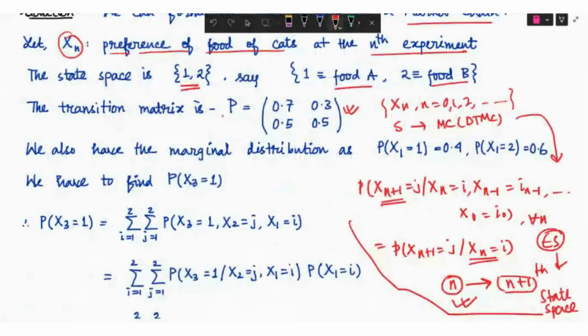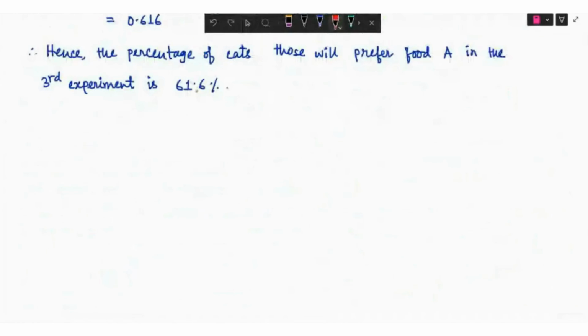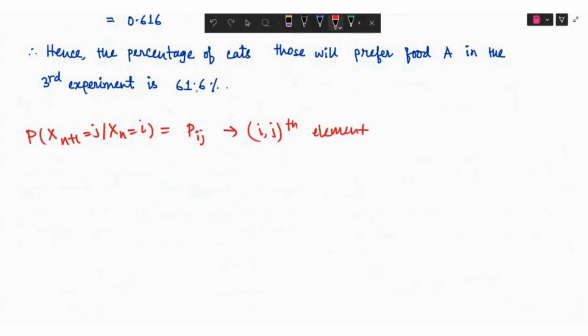How do we calculate the transition matrix? Let us see. The transition matrix is basically what I have told just now. The probability of Xn+1 equal to j, given Xn equal to i, is denoted by Pij, which is the ijth element of the transition matrix.